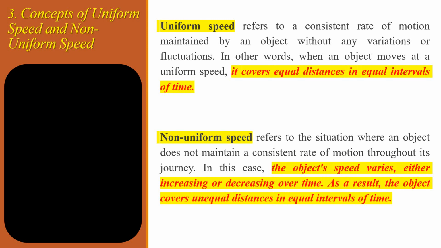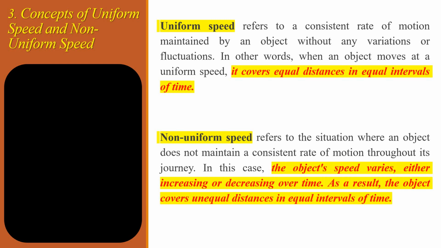In other words, when an object moves at a uniform speed, it covers equal distance in equal intervals of time. But non-uniform speed refers to the situation where an object does not maintain a consistent rate of motion throughout its journey.